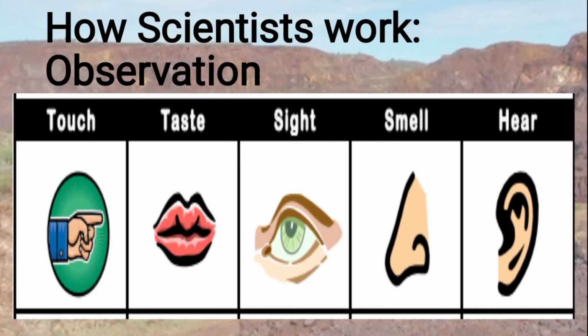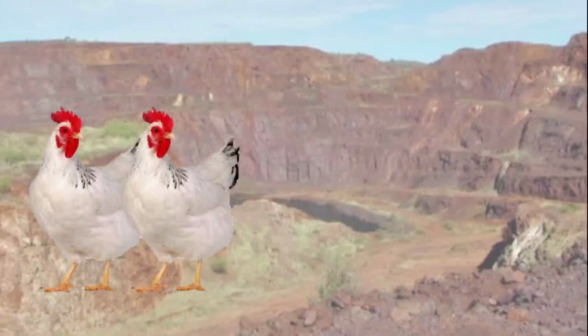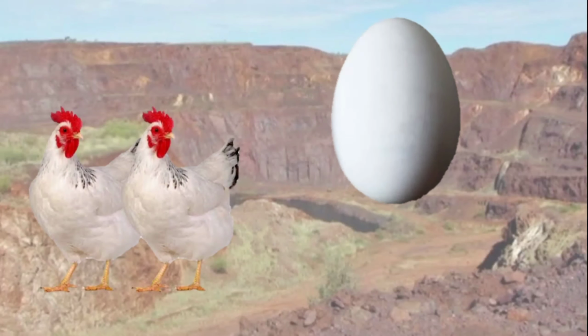How scientists work. As a scientist or geologist, they were able to use their different senses for their observations. We have here the sense of touch, taste, sight, smell, and hearing. And for now, I want you to become one and answer this. Which came first, chicken or egg?